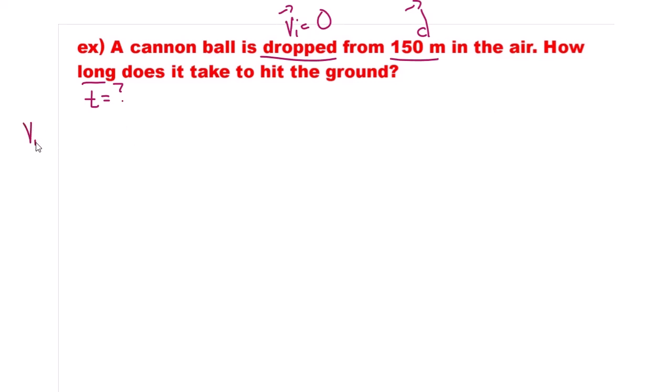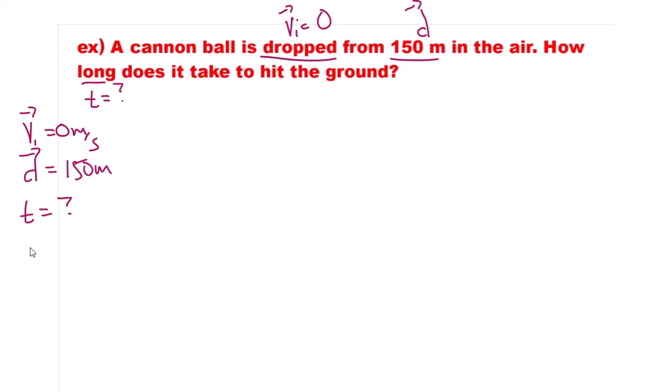Okay, let's collect my information. VI equals 0. My displacement is 150 meters. My time is what I'm looking for. And this is happening on Earth, we can assume, because we're not told otherwise.